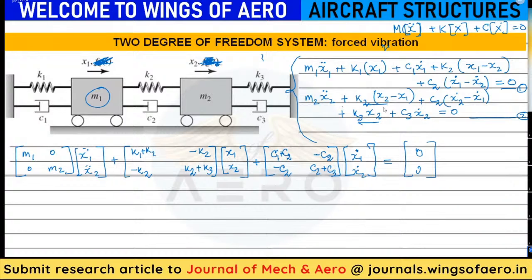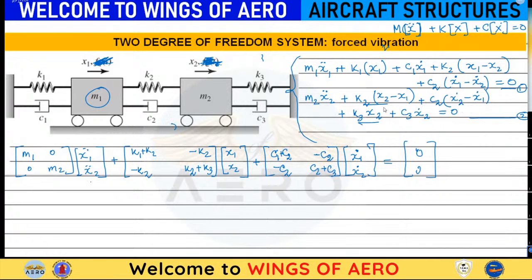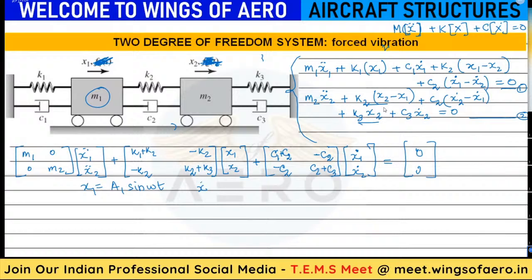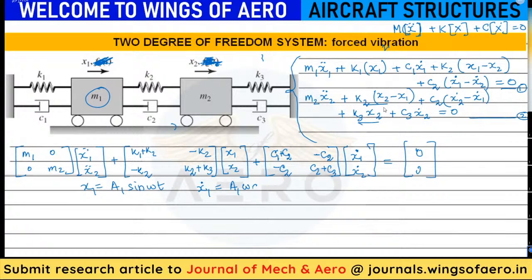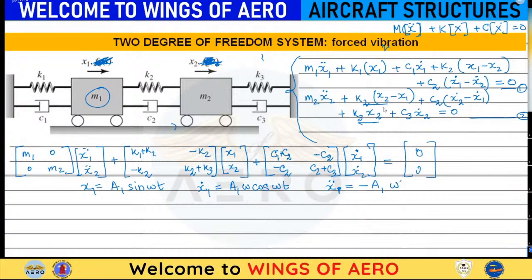As the usual process, after this you're going to substitute the value of x. If it is x1, it is a1 sine omega t. If it is x1 dot, it is going to be a1 omega cos omega t. If it is x1 double dot, it is going to be minus a1 omega square sine omega t.